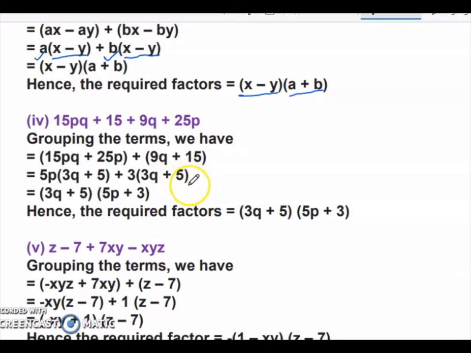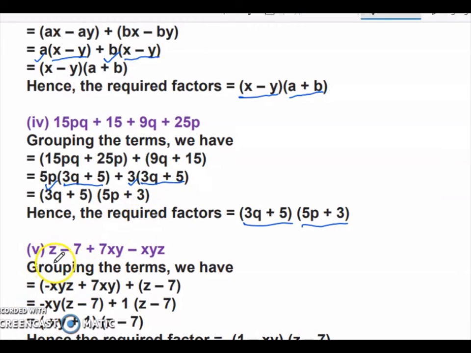So 3 into 3q plus 5. So again we have 3q plus 5 common between the two groups. So we can take 3q plus 5 in one bracket and the remaining terms, that is 5p plus 3, will be in the next bracket. So these are the required factors, 3q plus 5 into 5p plus 3.